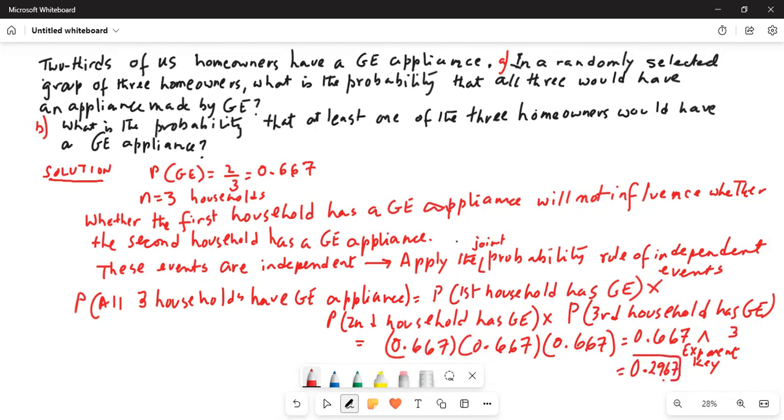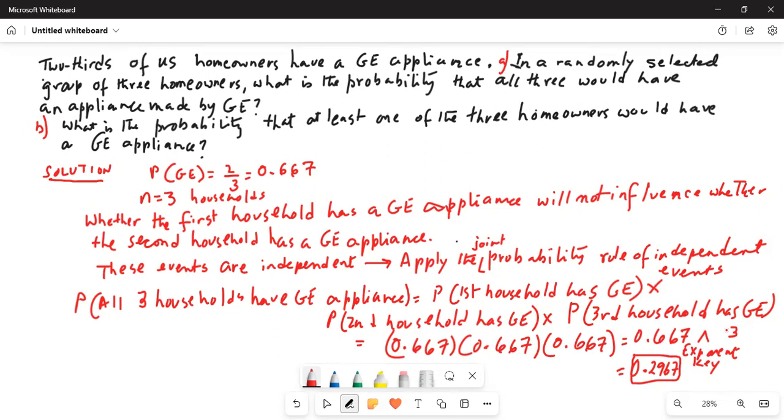So again, we apply the joint probability rule of independent events. So all three households have GE appliance means probability of first household has GE appliance multiplied by probability of second household has GE multiplied by probability third household has GE. These probabilities get multiplied because they're independent.